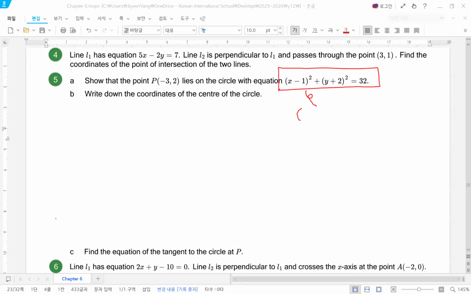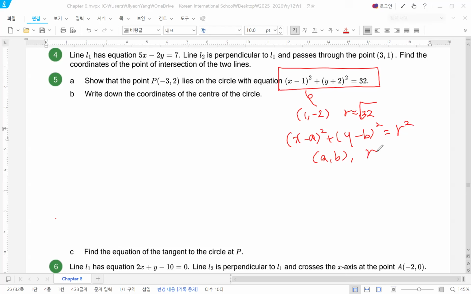What is its center coordinate? 1, -2 with radius square root 32. Do you remember? The circle equation looks like (x minus a) squared plus (y minus b) squared equals r squared, where (a, b) is the center coordinate and r is its radius.